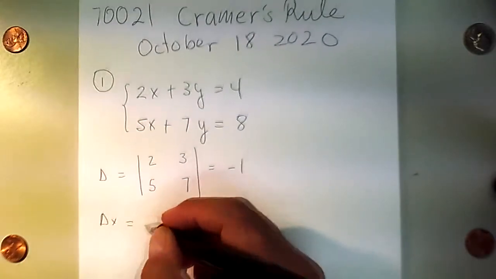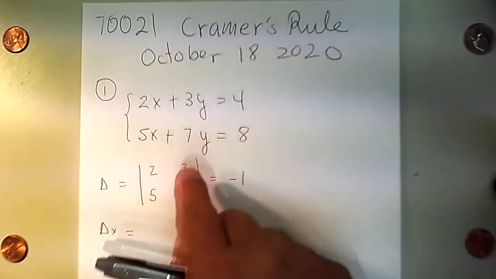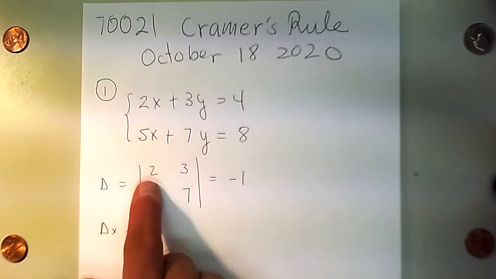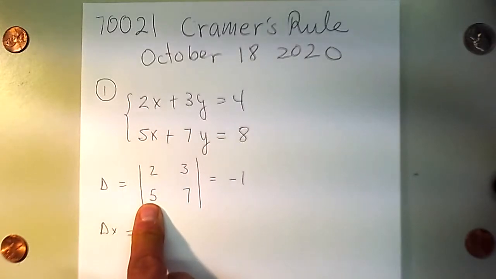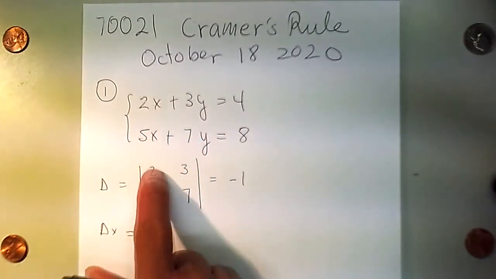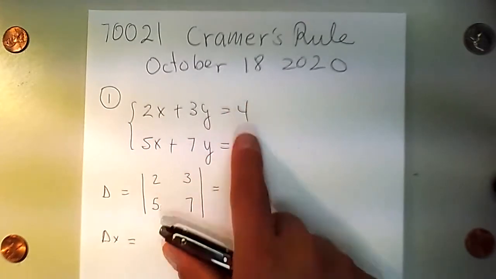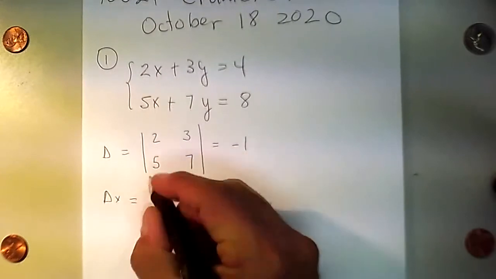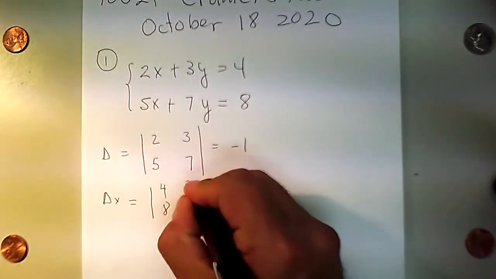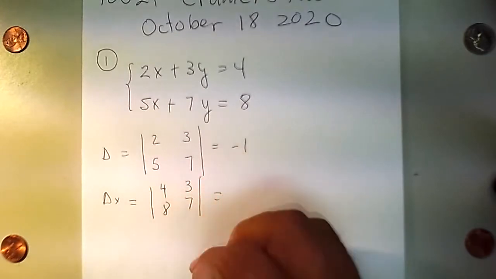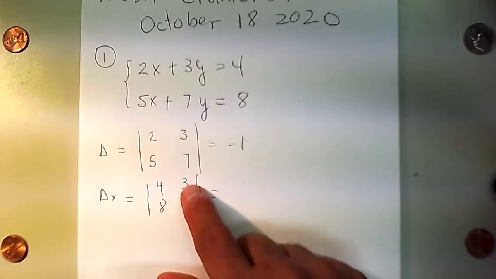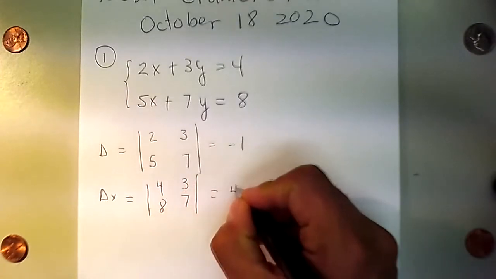Now, what we do is take this matrix, 2, 3, 5, 7, wipe off the column of the x's, which is the 2 and the 5, wipe that off, and replace it with those constants, 4 and 8. Okay, so we got 4, 8 in that column, 3, 7, and find that determinant. So that is 28 minus 24, 4.